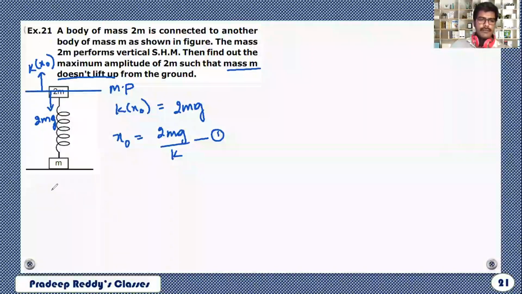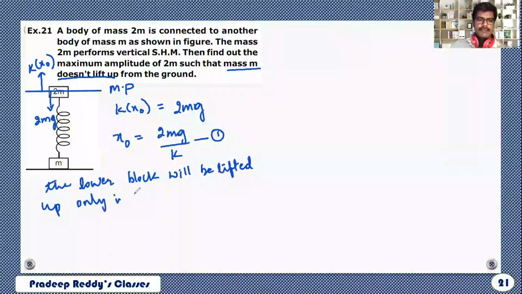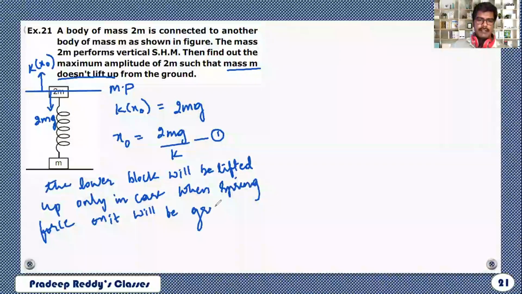So the lower block will be lifted up only in case when the spring force on it will be greater than or equal to its gravitational force.